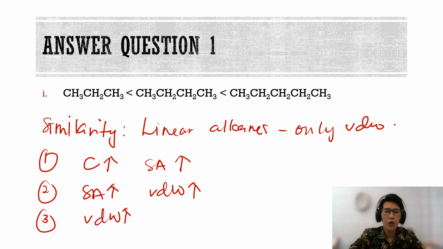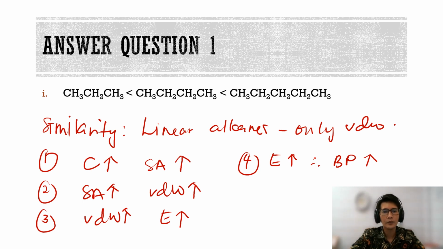We need more energy to overcome the van der Waals forces to separate the molecules of alkene. So more energy needed. And point number 4, when more energy is needed, we can conclude that the boiling point of the alkenes is higher. Okay, so this is the arrangement from propane to butane to pentane.